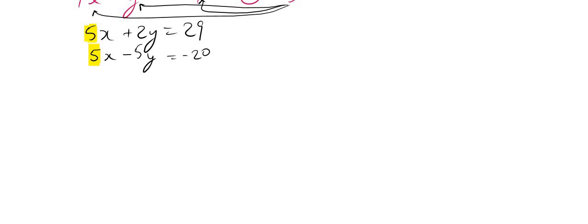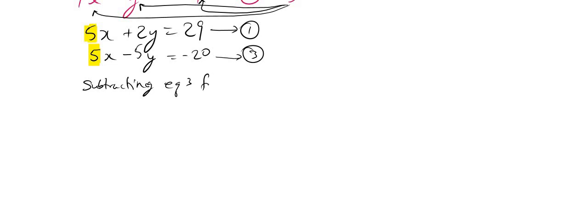So what it means is that I will subtract this third equation from equation 1. Subtracting equation 3 from equation 1, we put a subtraction sign here, here, and here.